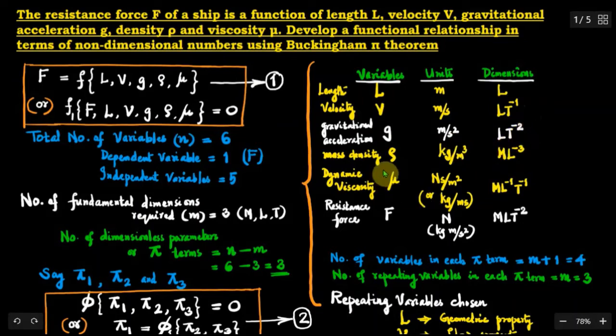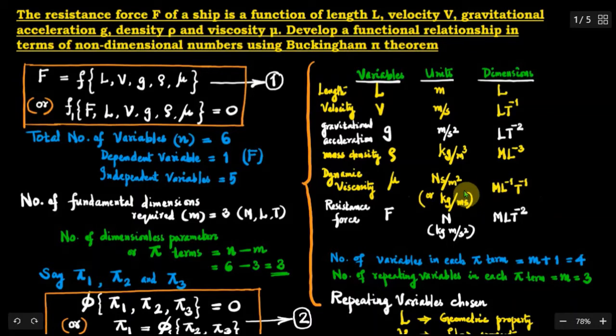Mass density rho, its unit is kilogram per meter cube and its dimension is ML raised to minus 3. Dynamic viscosity mu, its unit is Pascal second or Newton second per meter square and its dimension is ML raised to minus 1 T raised to minus 1.